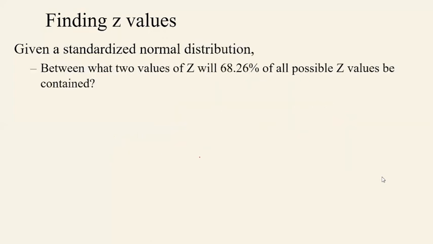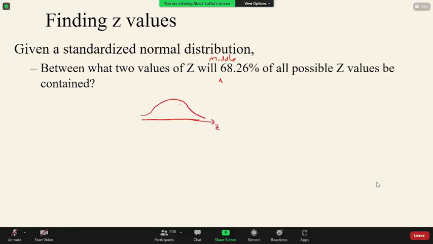Similarly, for the next question: between what two values of Z will the middle 68.26% of all the possible Z values be contained? So here first we will mark that.